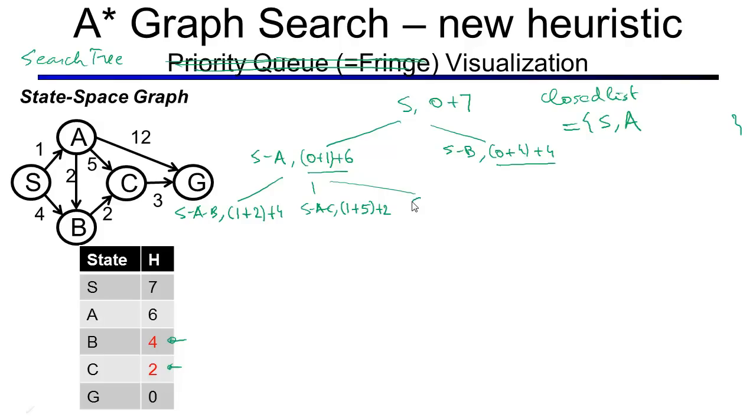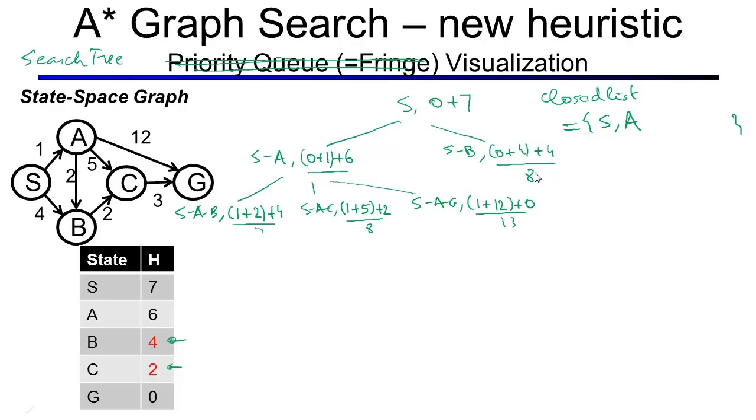And then lastly we have SAG, which is an F cost consisting of G and an H cost. The G has 1 from the parent. We add 12 for the AG transition, and the heuristic value at G is 0. So now we have a 7 here, 8 here, 13 here, and 8 over here.